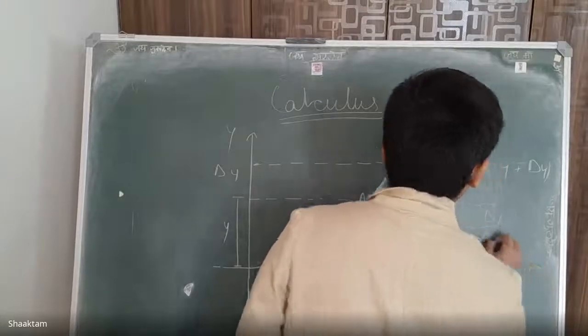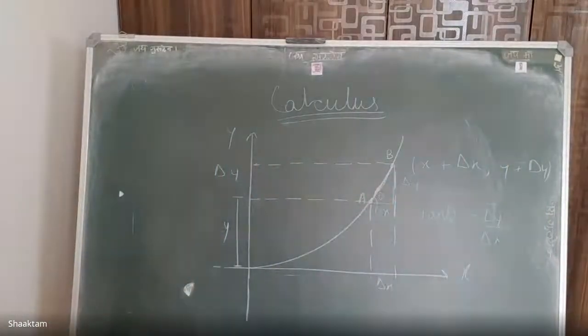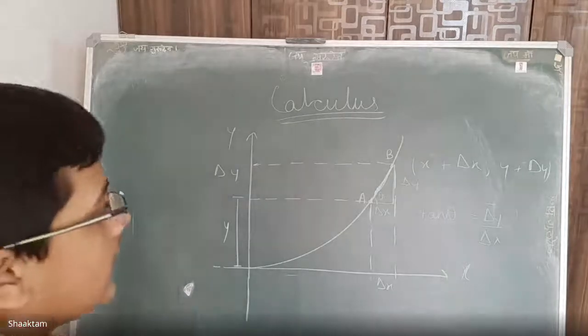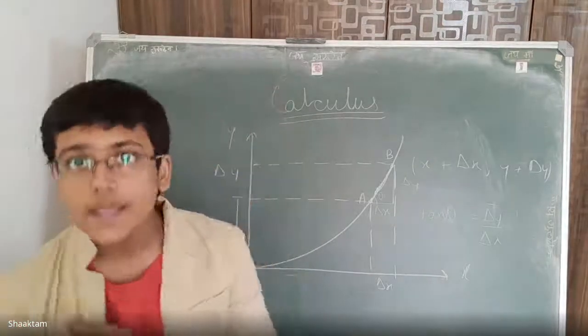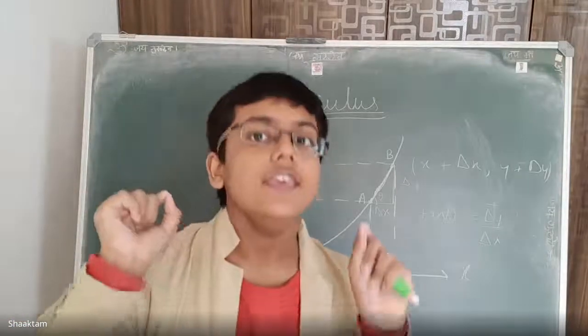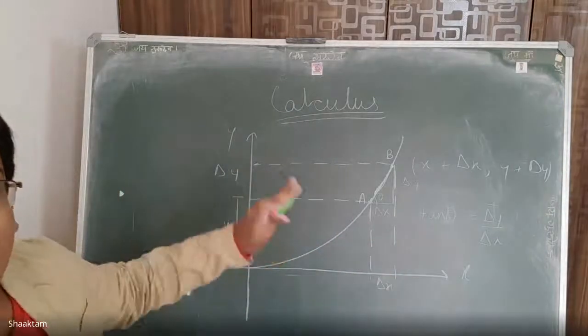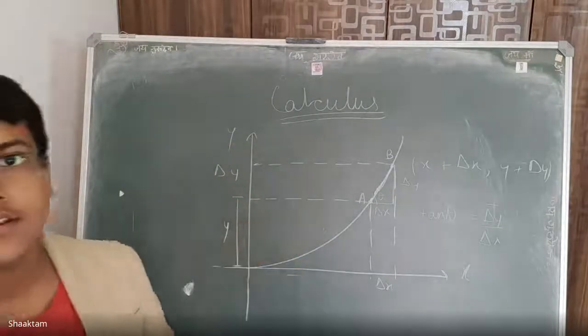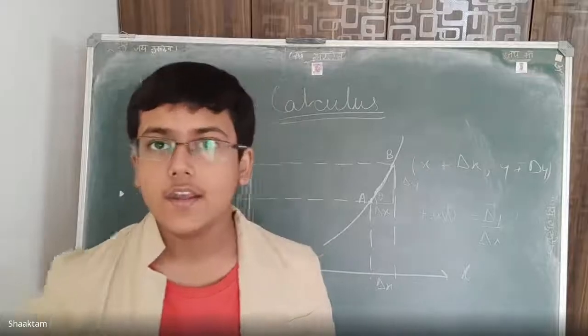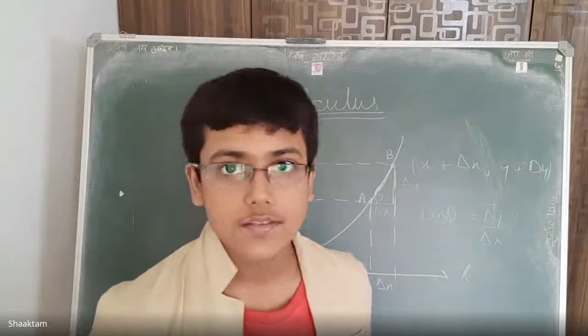But hold on. That is true if you take that triangle. But the problem in this case is that the curve is also becoming steeper when you're moving between A and B. So this is not the precise definition of the rate at which y varies with x.